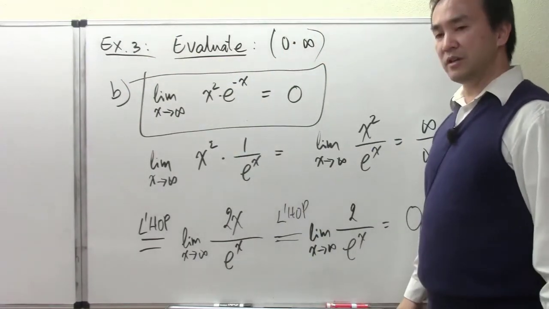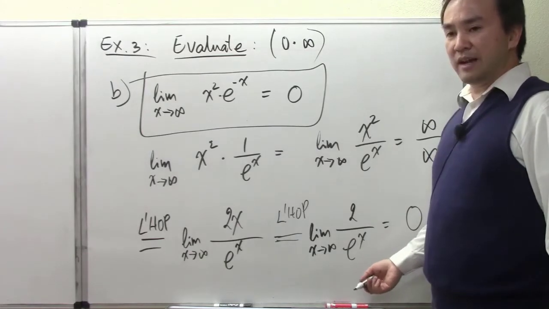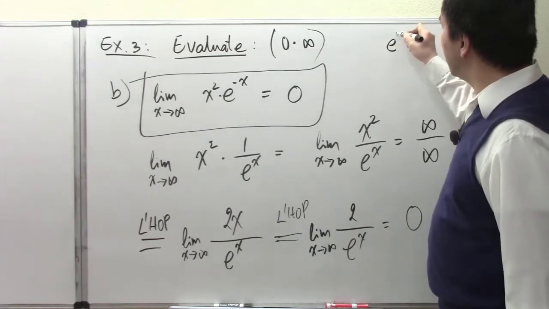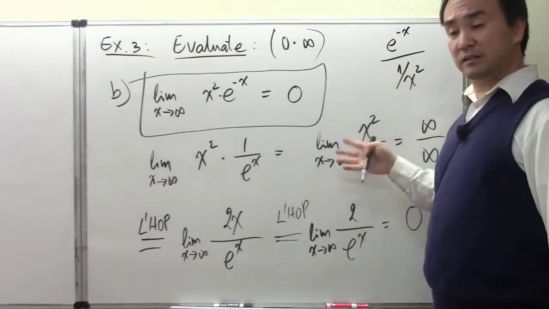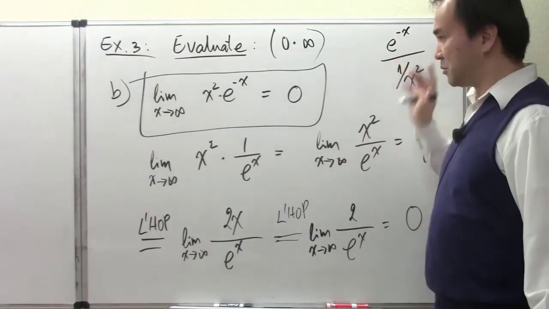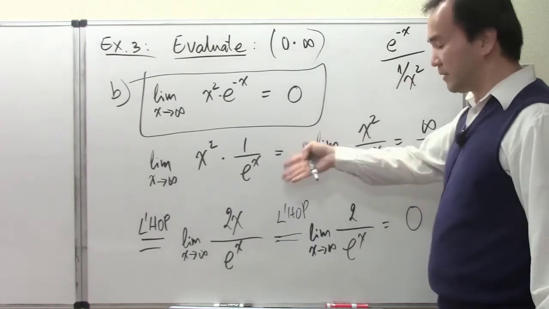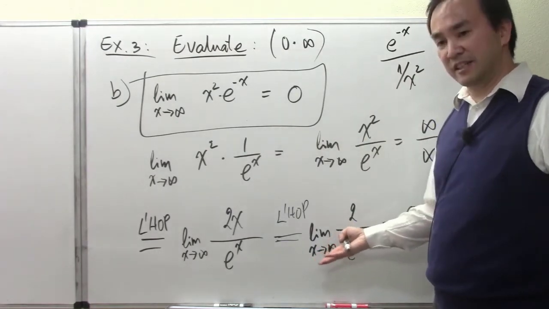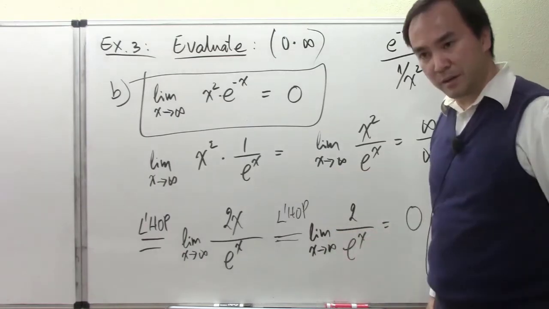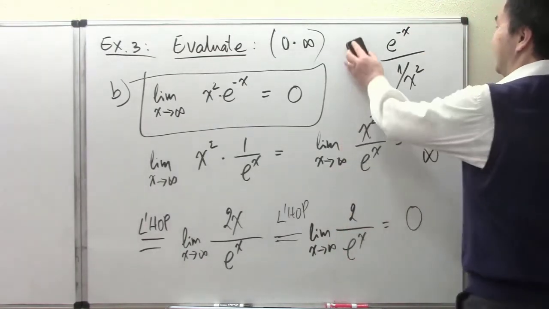Okay, so I didn't have to go with that complicated work of turning that into e to the minus x over 1 over x squared. We could, but why waste so much effort when we can do something simpler? And being simpler surprisingly can sometimes work a lot better.